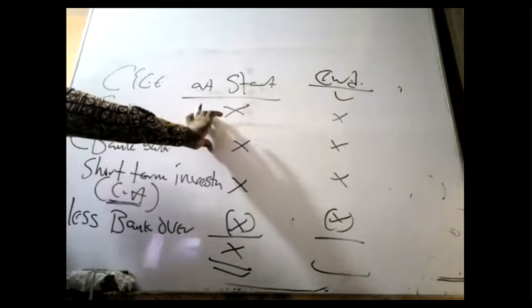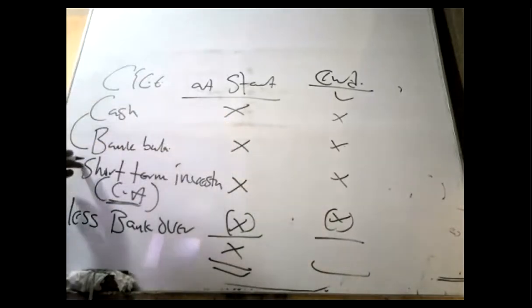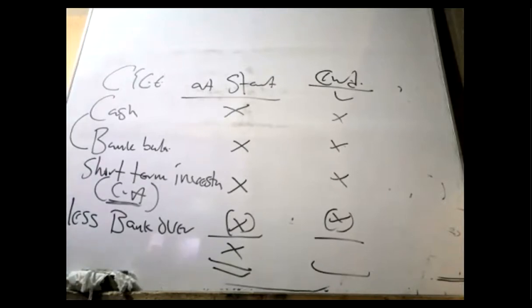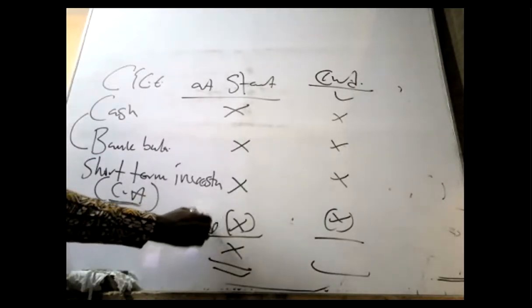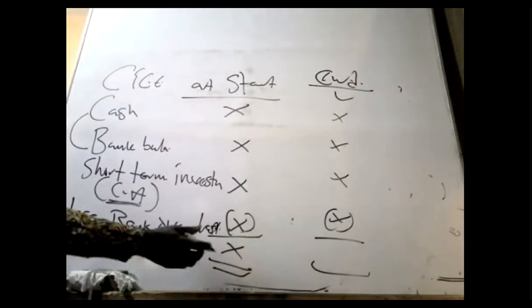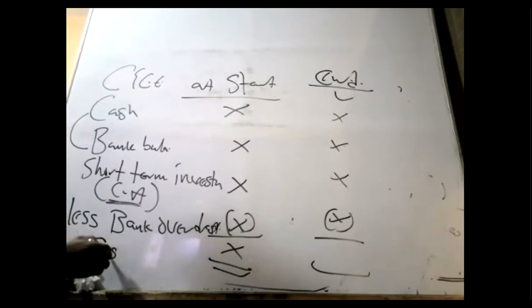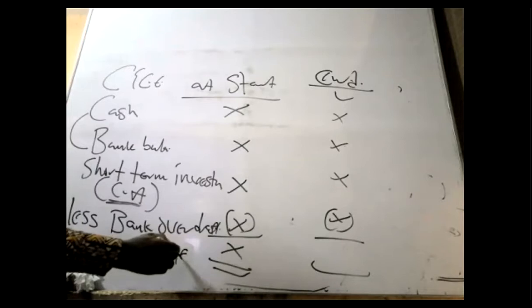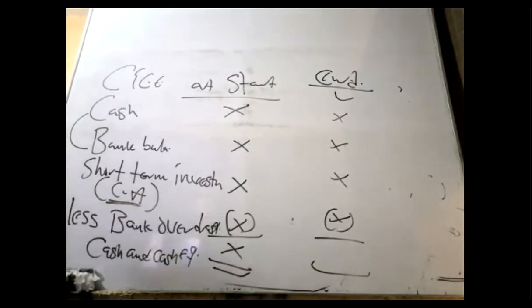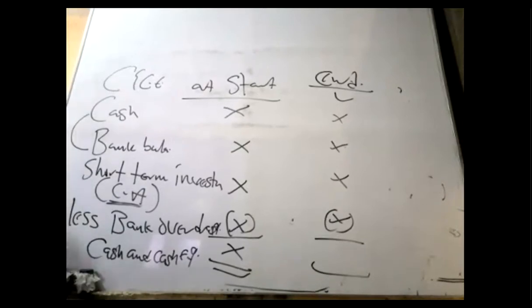This is the cash, plus any cash equivalent short-term investment that is highly liquid, less your bank overdraft holding. This becomes cash and cash equivalent. Overdraft, kindly subtract. That is all. We are done.